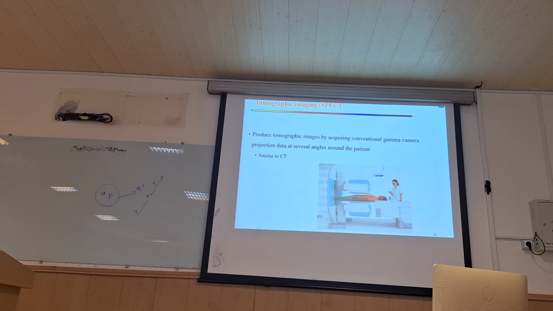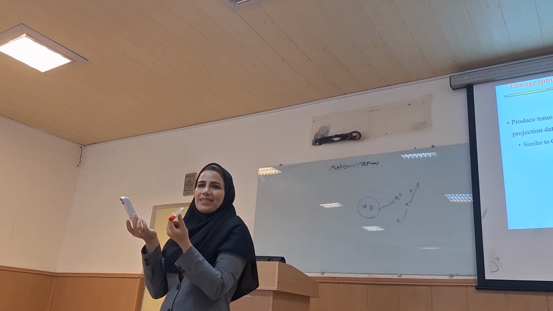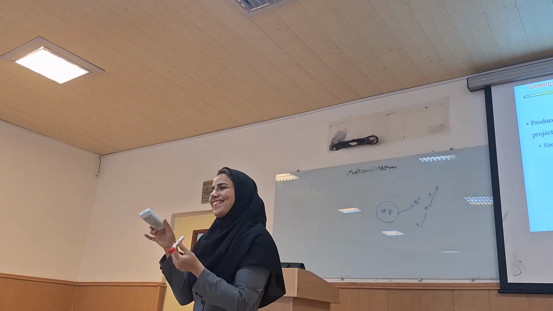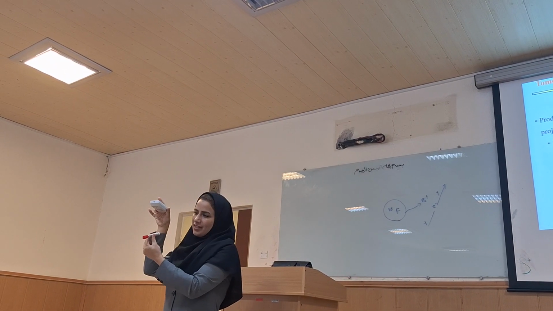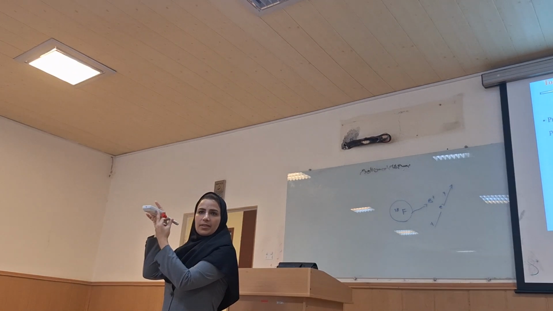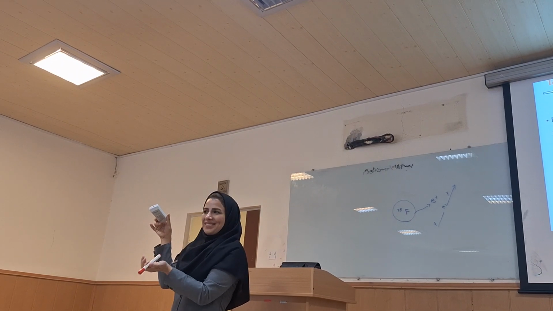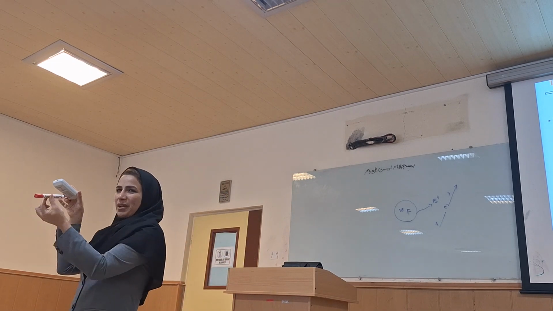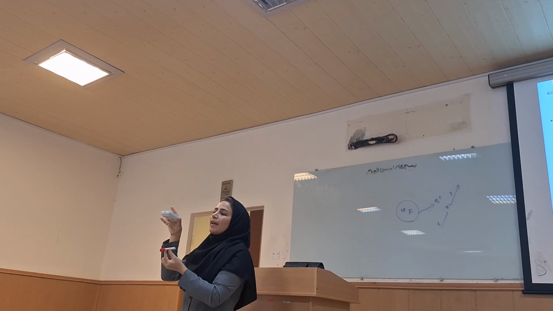This is my gamma camera image. This is all of the material from the class explaining the gamma camera. This is my gamma camera, and this is my patient. If we have a dual head, one of them is here and another is here, and I don't have another hand to show the other head. Imagine this is my patient and this is my detector head, one of the detectors.